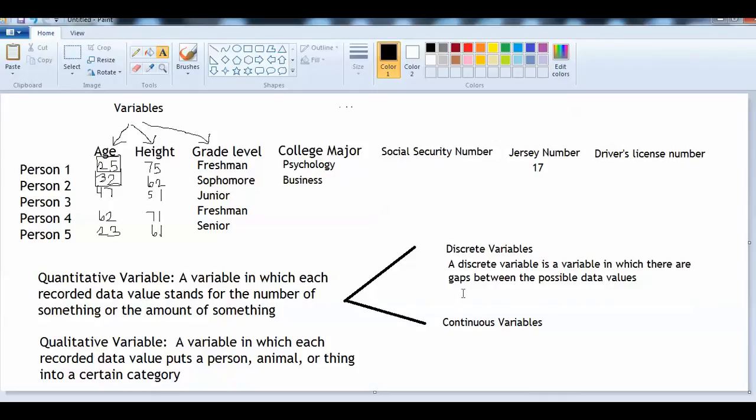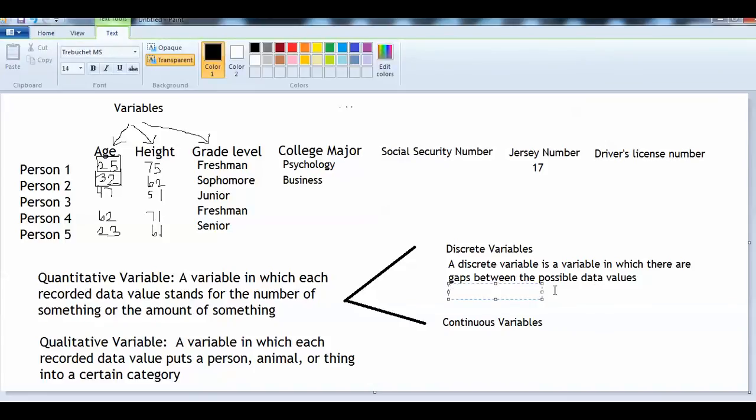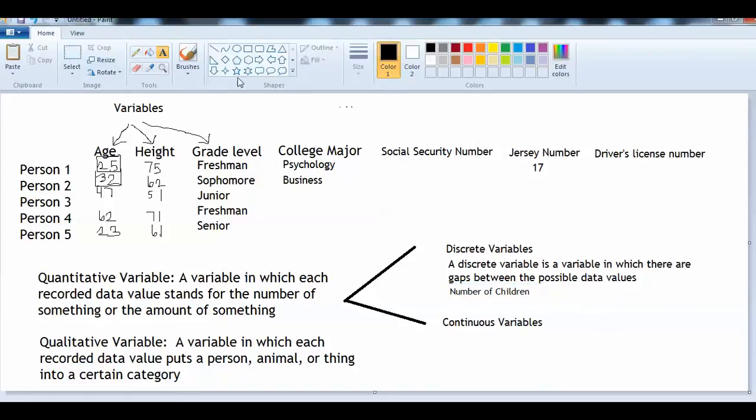So what do I mean by this? If you ask a person, how many children do you have? We'll use that as our first example. The person might say, I have one child, or maybe two children, or maybe three children, but they'll never say anything in between.